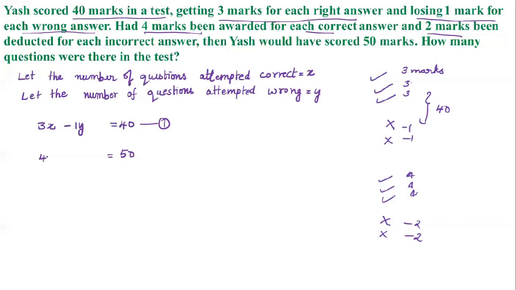He attempted x questions correctly, and one question carries 4 marks, so for x questions it is 4x. Now 2 marks deducted, so minus 2, and the number of wrong questions is y, so 2y, is equal to 50. Look at the constants here, 4, 2 and 50. They are divisible by 2, so you can divide: 2 2s are 4, 2 1s are 2, 2 25s are 50. So 2x minus y is equal to 25 is the second equation.